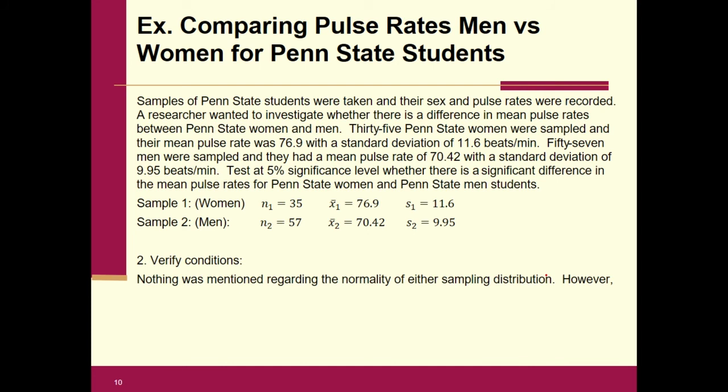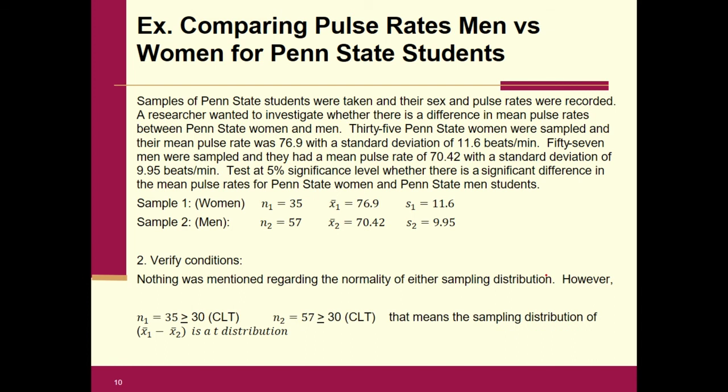All right, verify conditions. Nothing was mentioned regarding the normality of either sampling distribution, but certainly the central limit theorems are applying here. That means the sampling distribution of x bar 1 minus x bar 2 is a t-distribution. I would certainly hope that in reading through this problem, you would see that the samples were independently done.